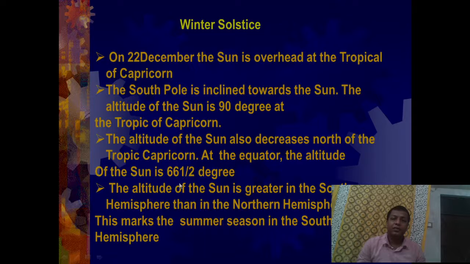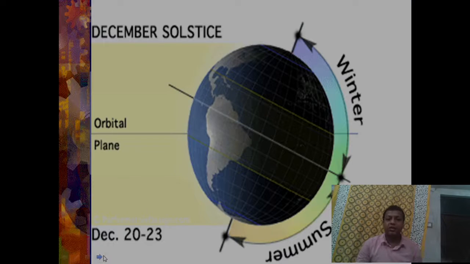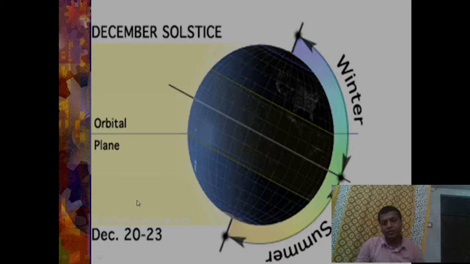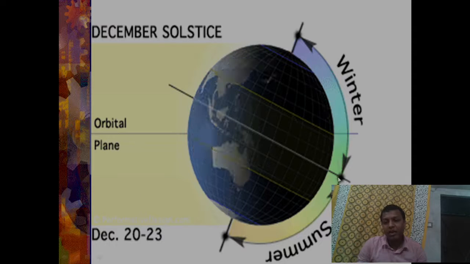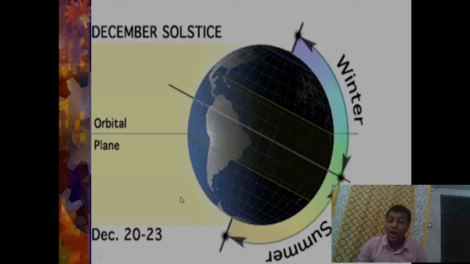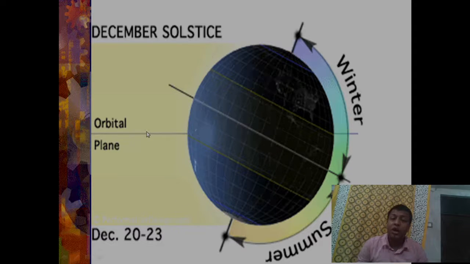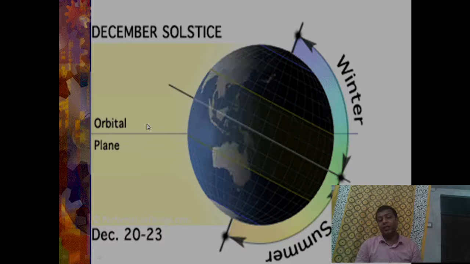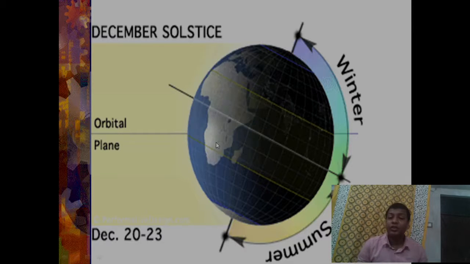Now, winter solstice. Look at this picture. December solstice. This part experiences winter and this part experiences summer. Why? Because the projection of the sun after September is going towards the southern hemisphere.